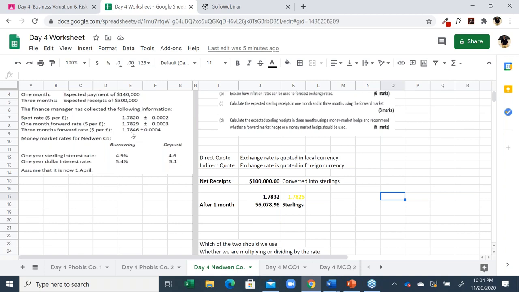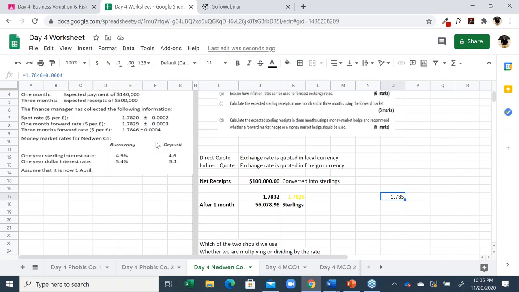So the 3-month forward rates are 1.7829, sorry, 1.7846 plus 90004. That's the rate we should be using.